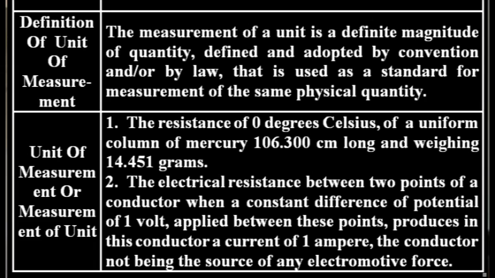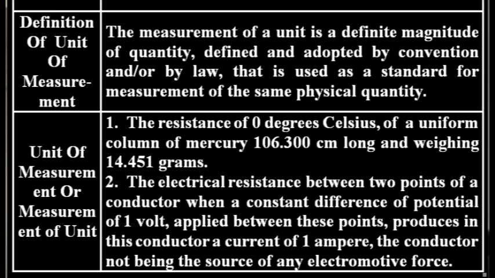Basically, we're taking the unit of measurement and flipping it around so it's stated as measurement of unit. It makes a lot more sense that way. It's adopted as a convention or by law, and it's the standard of the same thing. So if you have more than one of those things that you define, then you know you have 2 units, or 3 units, or 4 units.